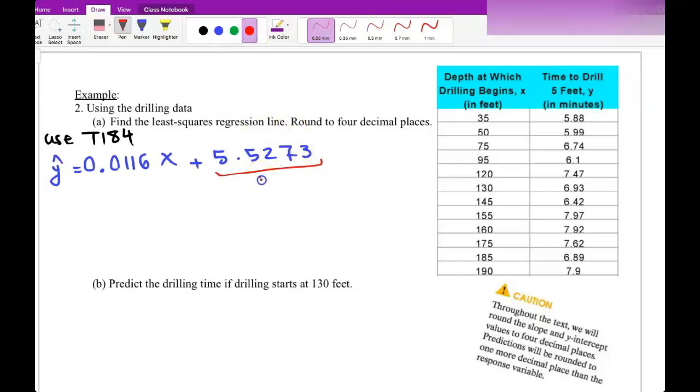So this is the y-intercept. Our y-intercept is when x is 0 and y is 5.5273. And here is the slope.